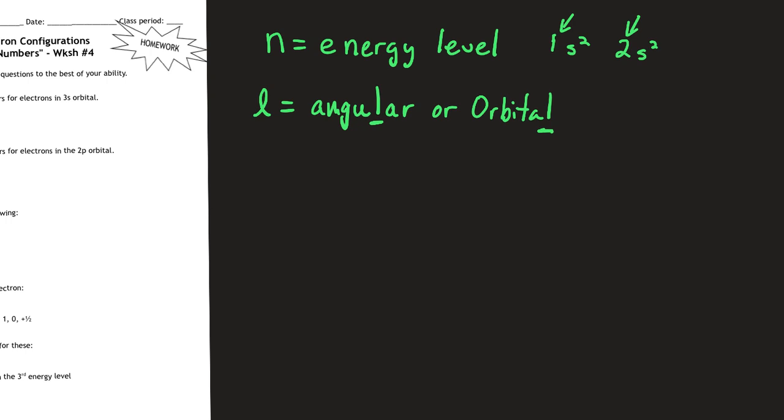So when we're talking about the orbitals, we had 4 different kinds. We had an s orbital, a p orbital, a d orbital, and an f orbital. Actually, I'm going to write these in a different way so I have a little bit more space.